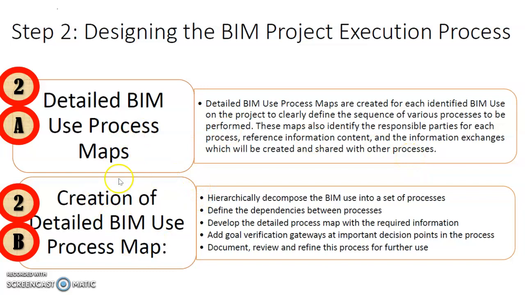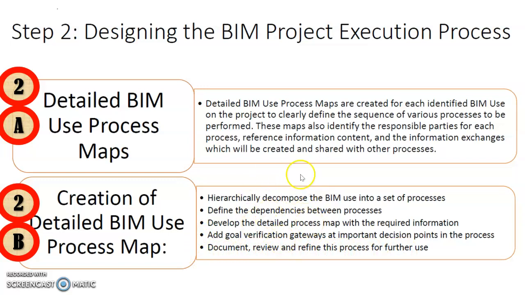So how do we then create this so-called detailed BIM use process map? We will hierarchically decompose the BIM use into a set of processes. In the next slide, I will show you. Define the dependency between the different processes, develop a detailed process map with the required information, add goal verification gateways at important decision points in the process. Then we document, review, and refine this process for further use.